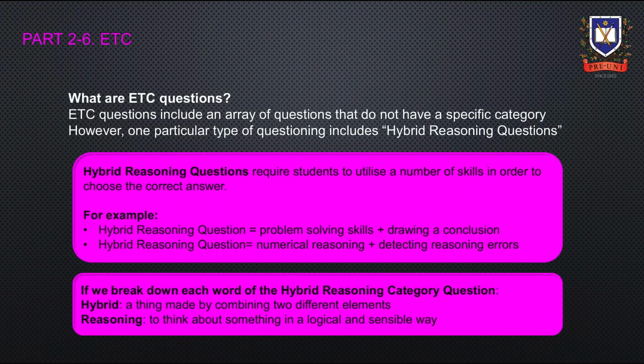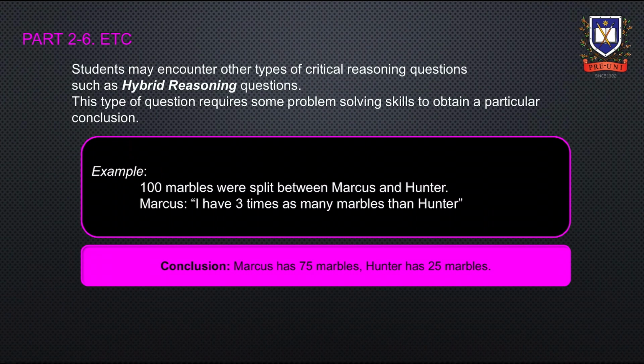If we break down each word of the hybrid reasoning category question, hybrid meaning a thing made by combining two different elements, and reasoning meaning to think about something in a logical and sensible way. Let's look at this example. 100 marbles were split between Marcus and Hunter.